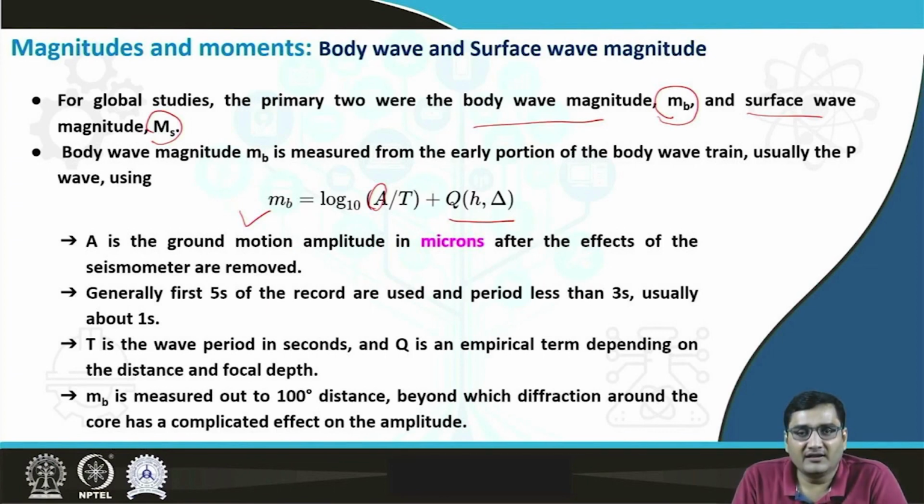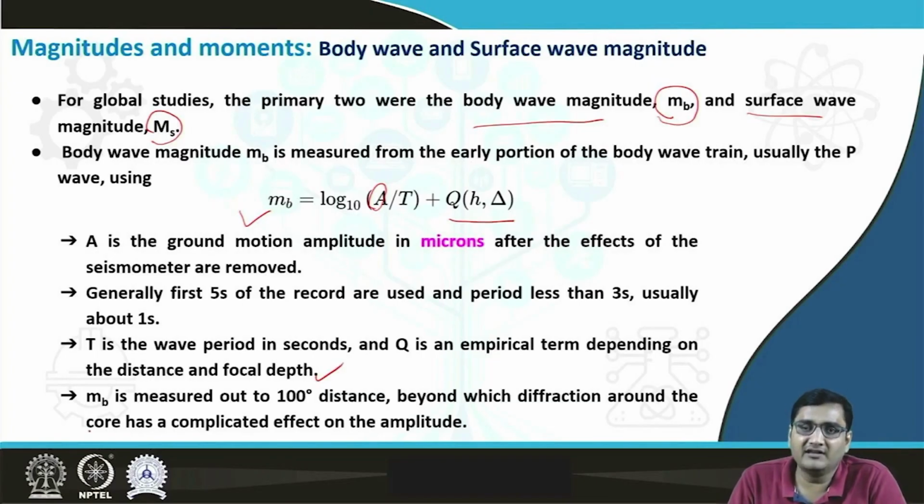Generally, we consider the first 5 seconds of the record, for periods less than 3 seconds, usually about 1 second, and T is the time period of the wave in seconds, and Q, as I told you previously, is an empirical term depending on the distance and the focal depth.